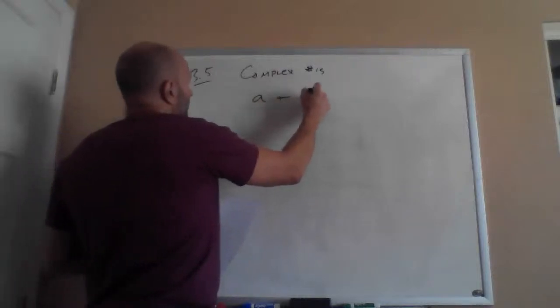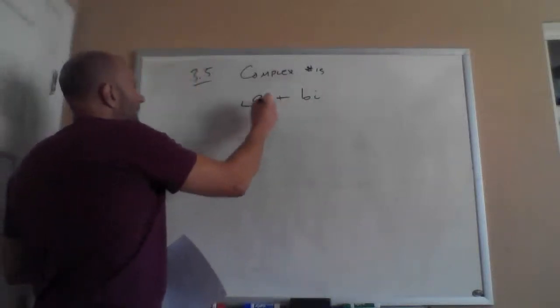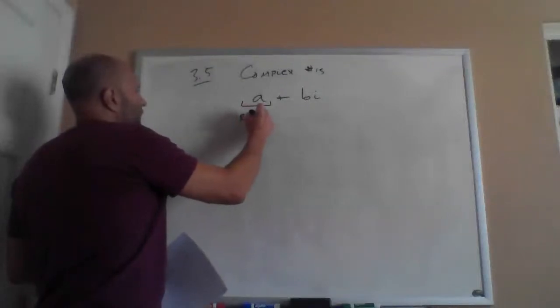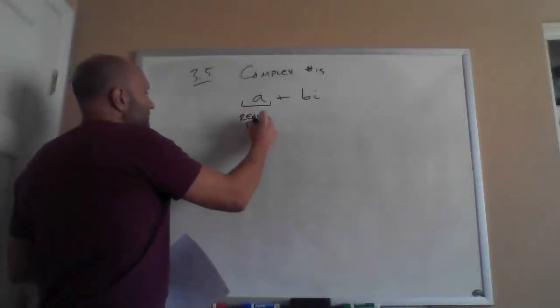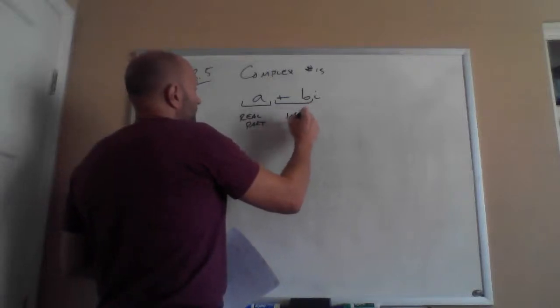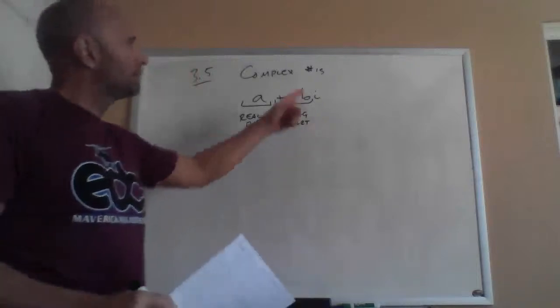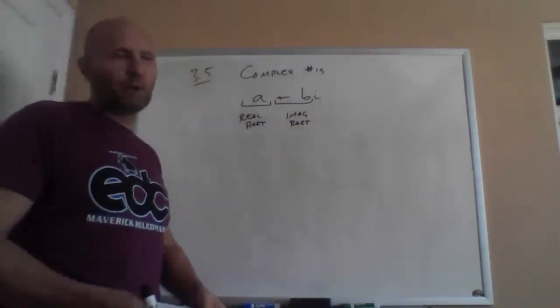A complex number has the form a plus bi. The a is the real part, and the b is the imaginary part. We don't include the i when we're talking about the imaginary part.